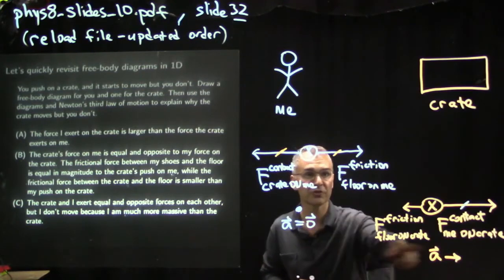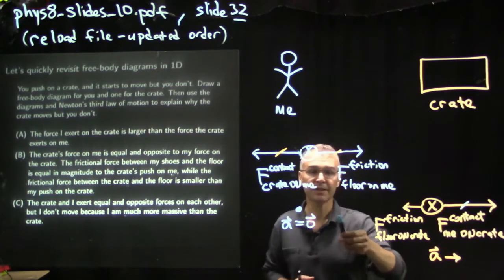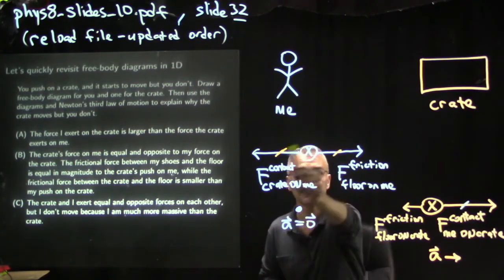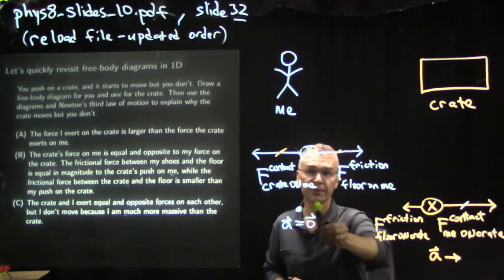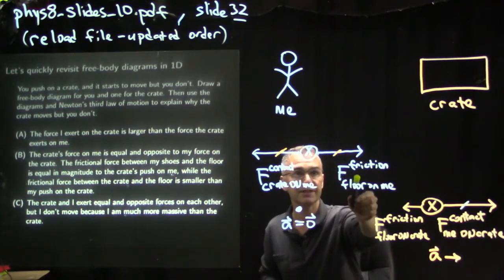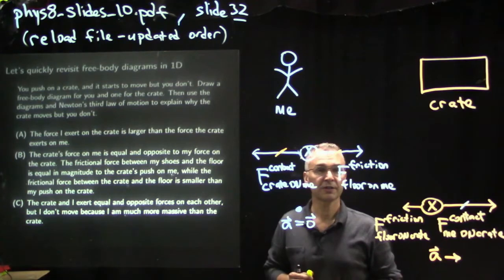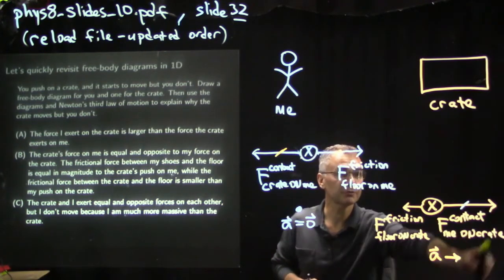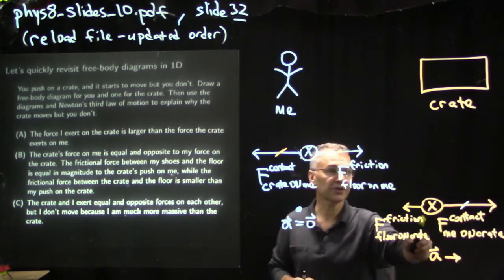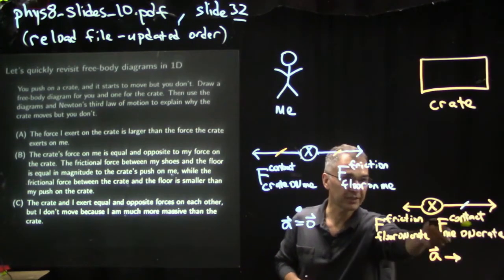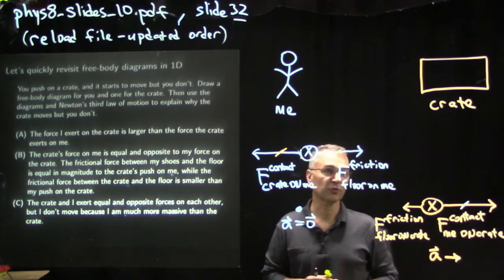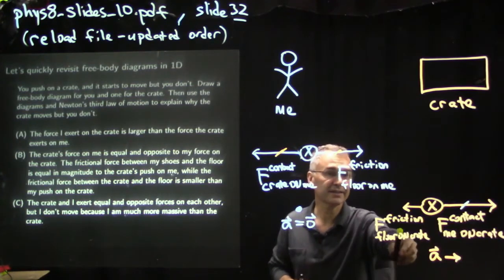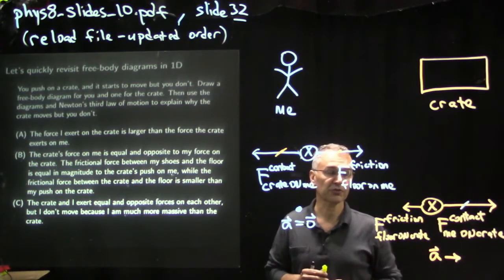So we have four forces in this problem. The free body diagram for me shows two forces: the crate pushing back on me, and the floor pushing on me with friction. And then on the free body diagram for the crate, there is the contact force that I exert on the crate, that's the first force we talked about, and then there's the friction force of the floor pushing back on the crate.